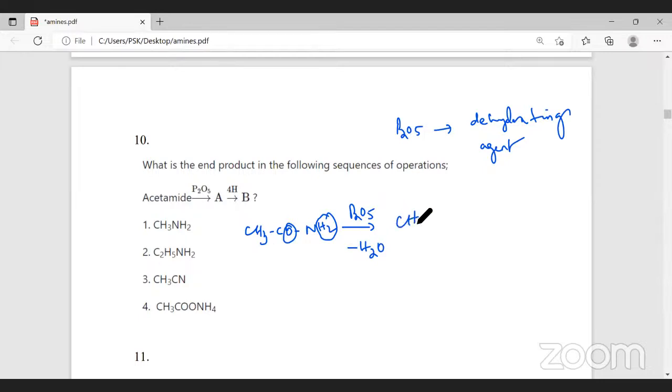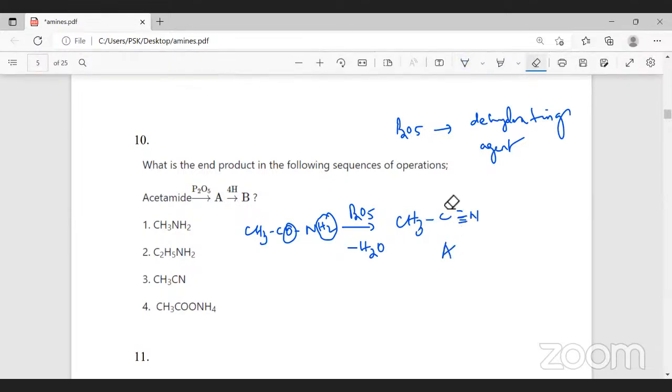So we have CH3C and we get a triple bond to nitrogen. This is A. Since oxygen and two hydrogens are eliminated, carbon and nitrogen form a triple bond. This is called acetonitrile. Cyanides are also called nitriles.